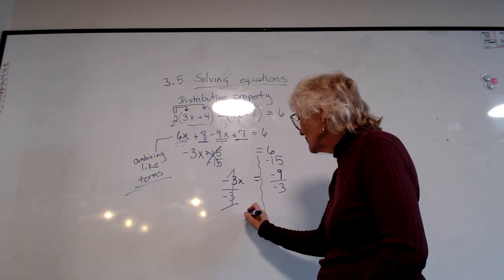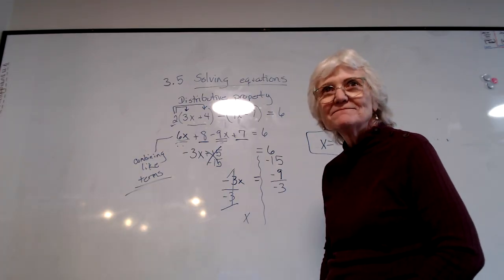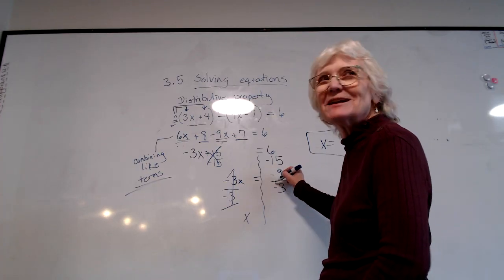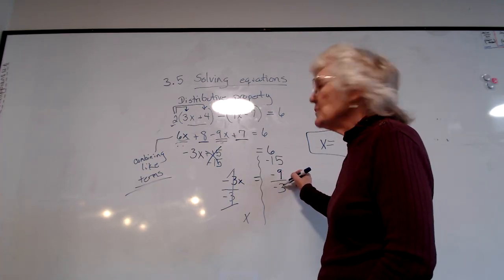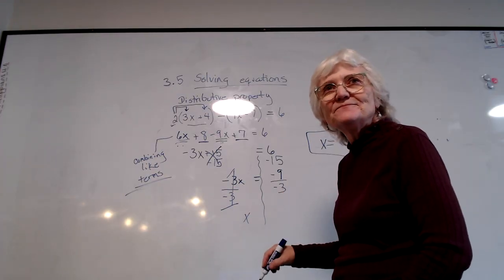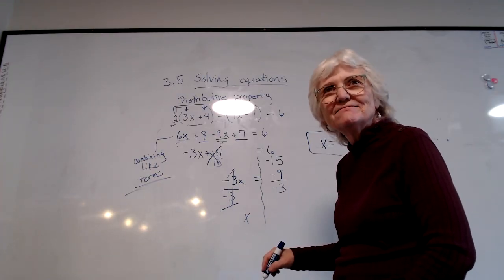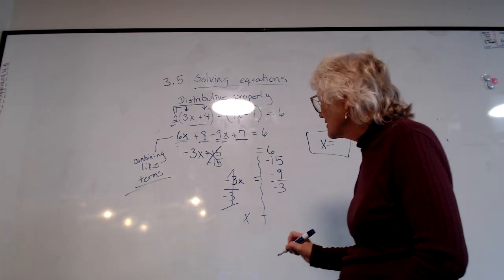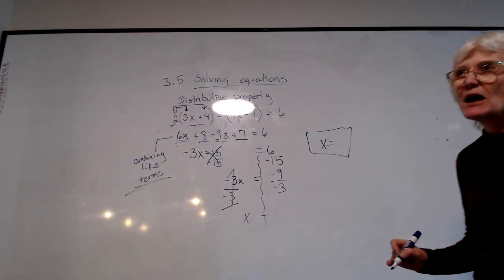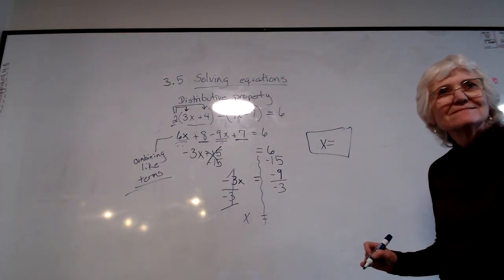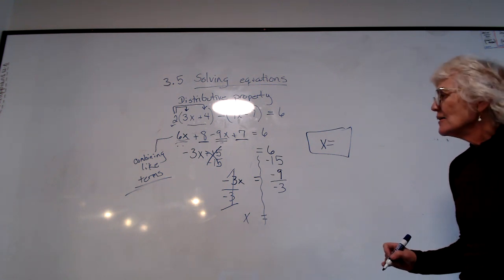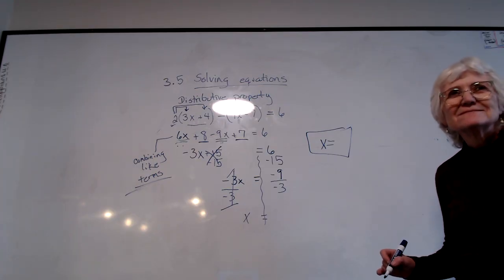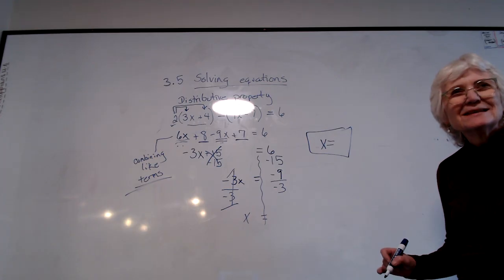So I have an x, 1x, which is what I wanted to get, equals negative 9 divided by negative 3. Matthew, what is negative 9 divided by negative 3?